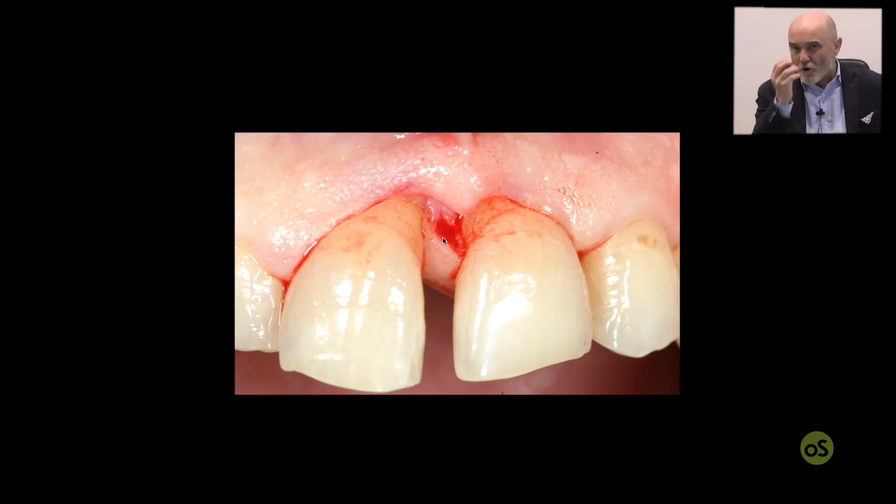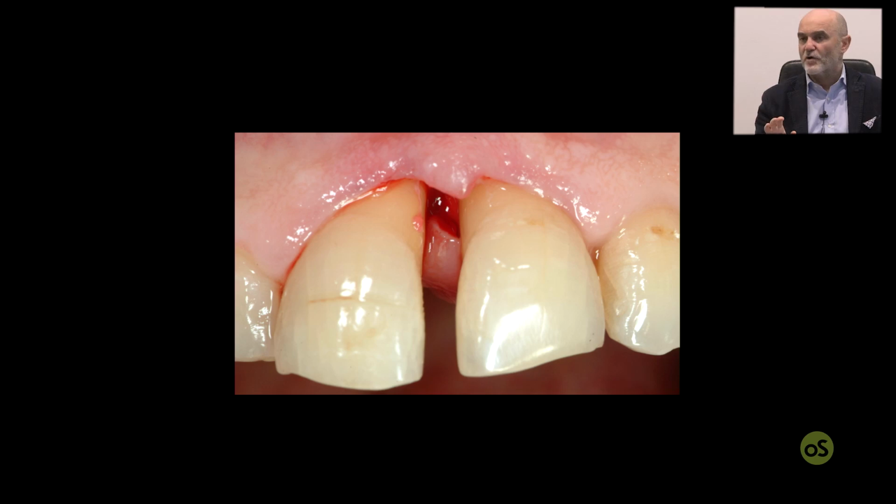And this is the only way. If you elevate this tissue, it will otherwise collapse immediately, and so there is no advantage because you don't prevent collapse.